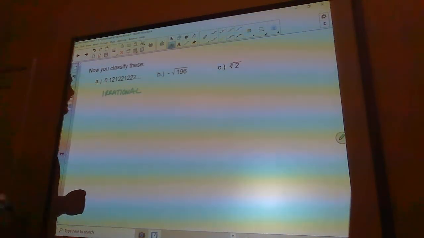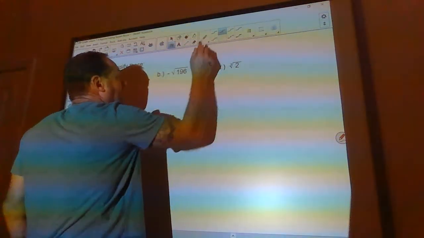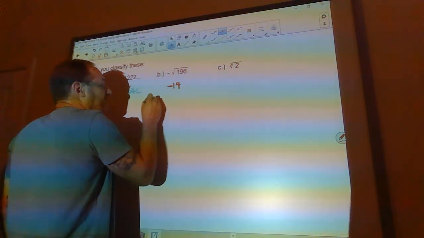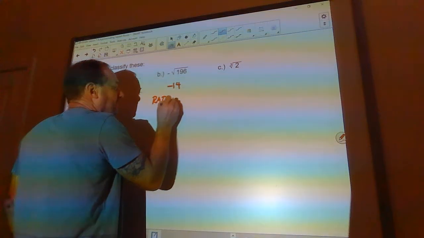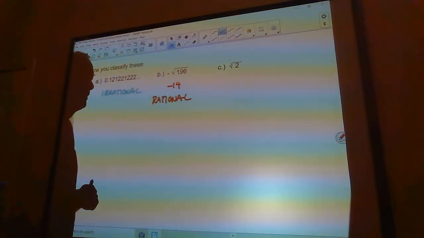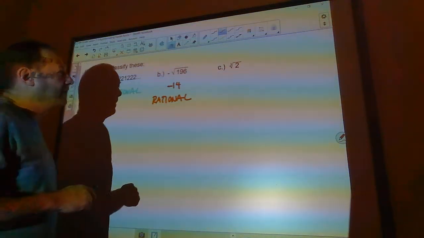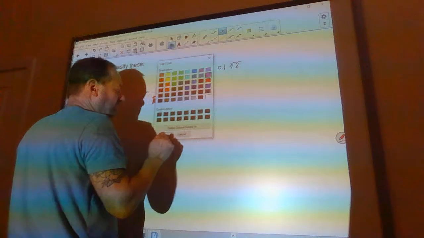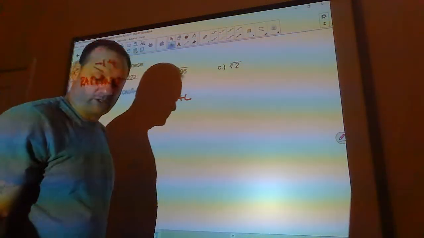Negative square root of 196. That is negative 14. So that's definitely rational. It's actually an integer. The cube root of 2. Okay, so the cube root of 2, we can do that on our calculator.